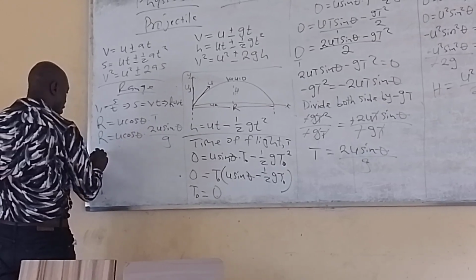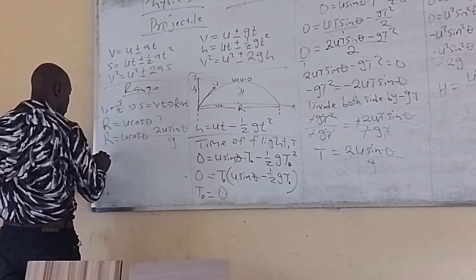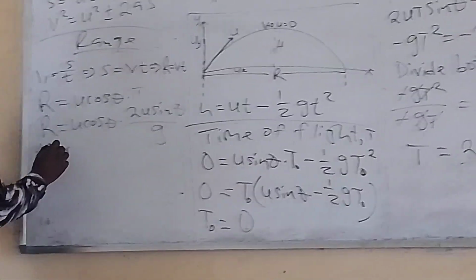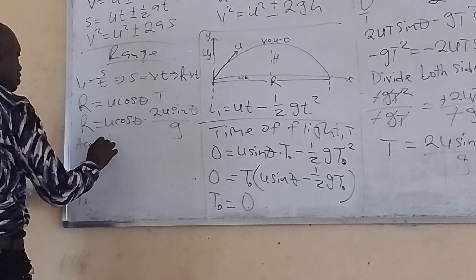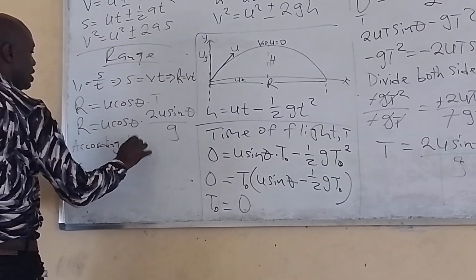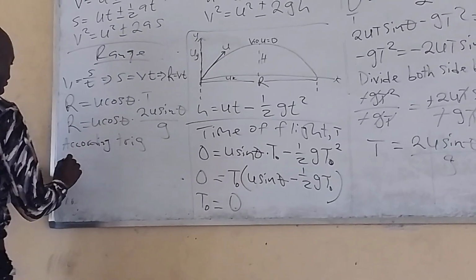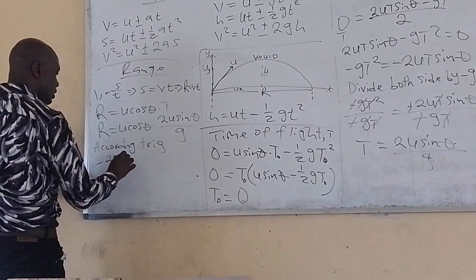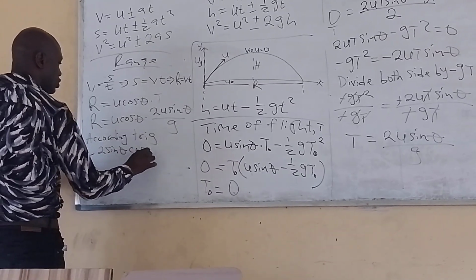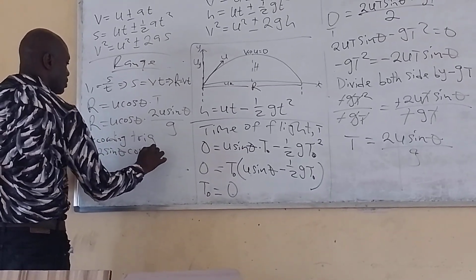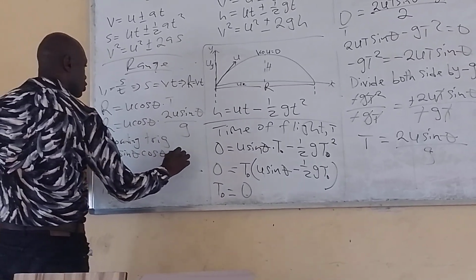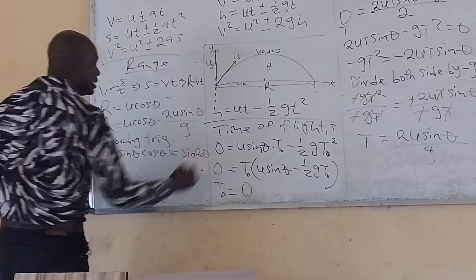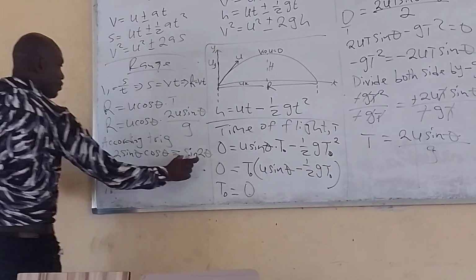Now, according to trigonometry, you can remember the day I did it with you, right? According to trig, when you have 2 sine theta cos theta, it will be identical to sine 2 theta. Now we are going to use this to replace it.